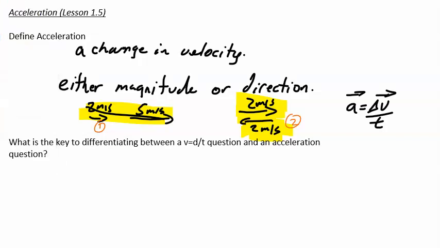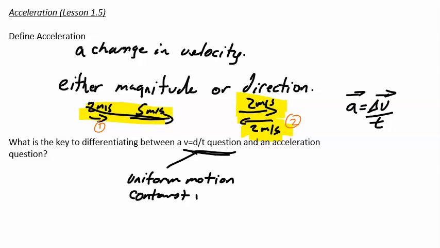One key difference between a v equals d over t question and an acceleration question is that the d over t formula represents what we call uniform motion, which means we have a constant velocity.